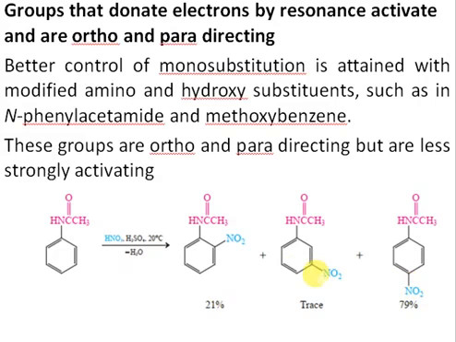Because of steric effect. Because we have a very bulky group here, it becomes difficult for the nitro to approach this position. It's easier for the nitro to approach the para position because it's far away from this sterically hindered group. So we are getting the para product as the major product, while the ortho is formed as a minor product, and the meta in a very small amount.